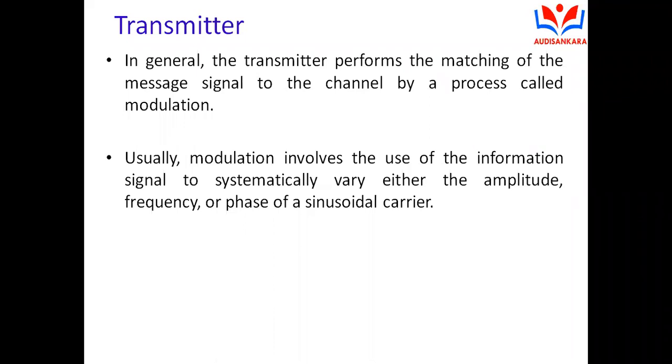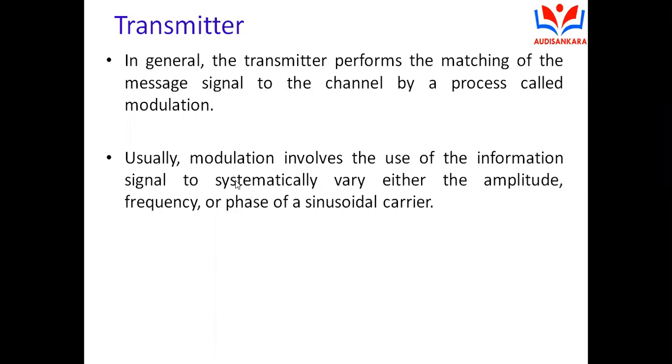That modification, identified or selected by the transmitter, is represented as the modulation process. So the process of converting the information signal into a form suitable to transmit over the transmission medium is called modulation.